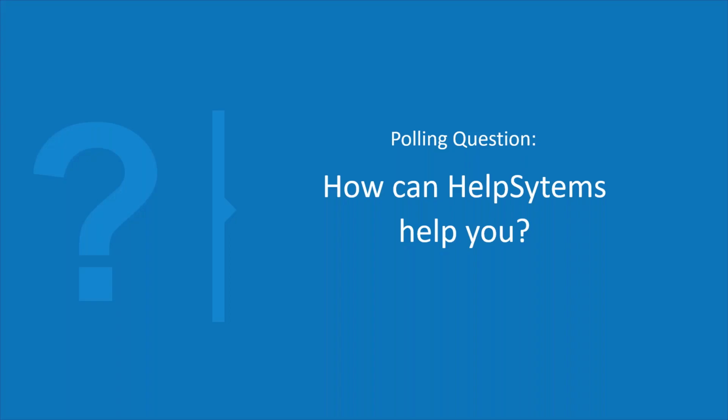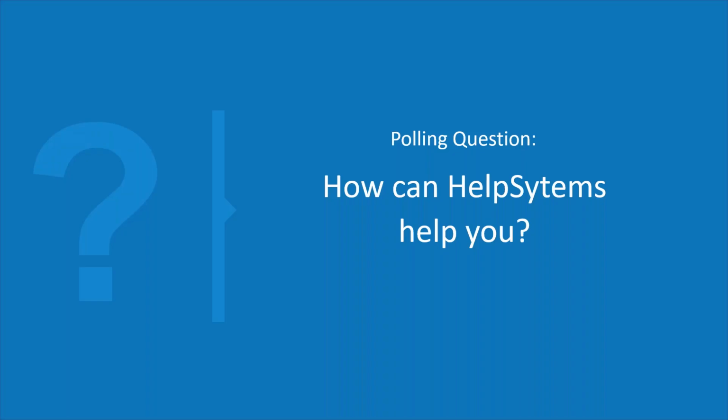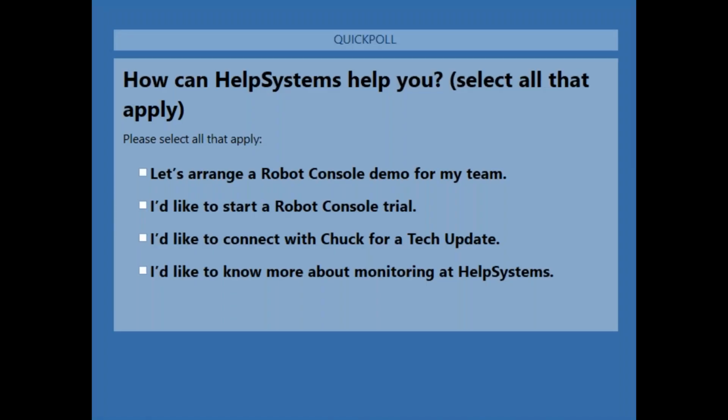All right, so we've gone a little bit over. I hope you have just a moment though to answer our polling question. The polling question is, and let's get the right polling question. Here we go. How can we help you? Possibly arrange a robot console demo. Maybe you'd like to jump into a trial, free 30-day trial.